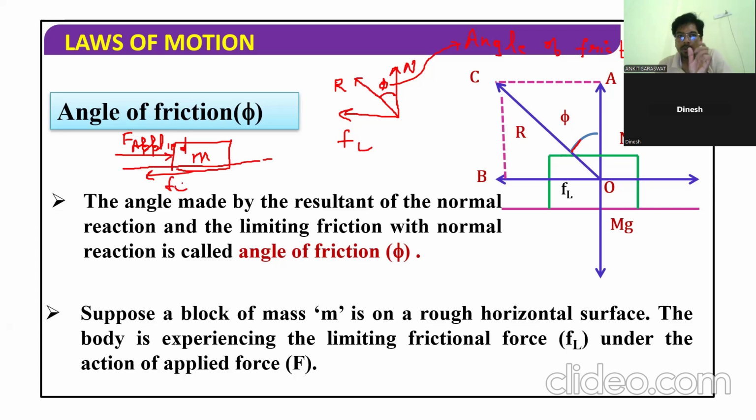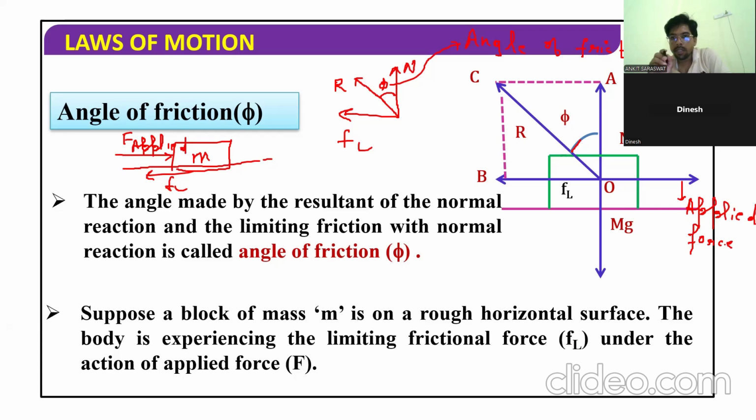The applied force must be equal to the limiting friction, the maximum value of static friction, FL.